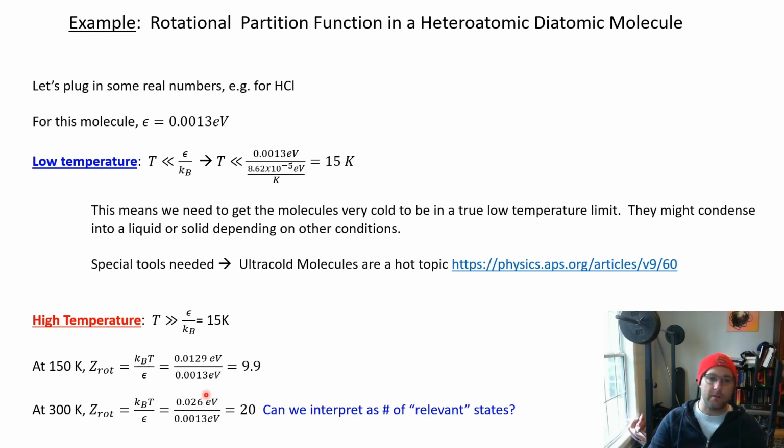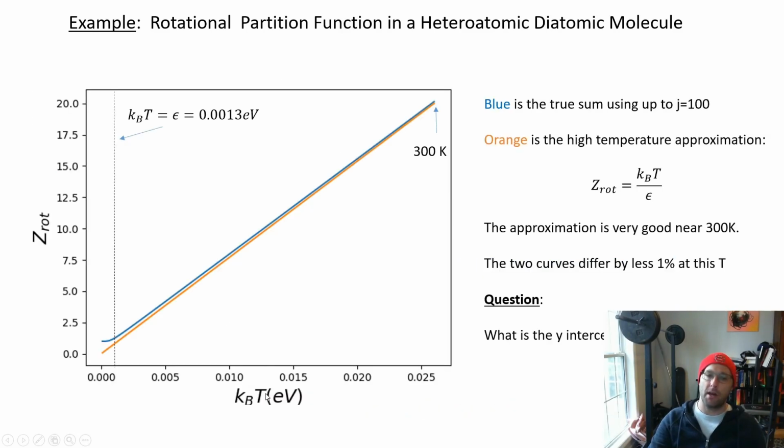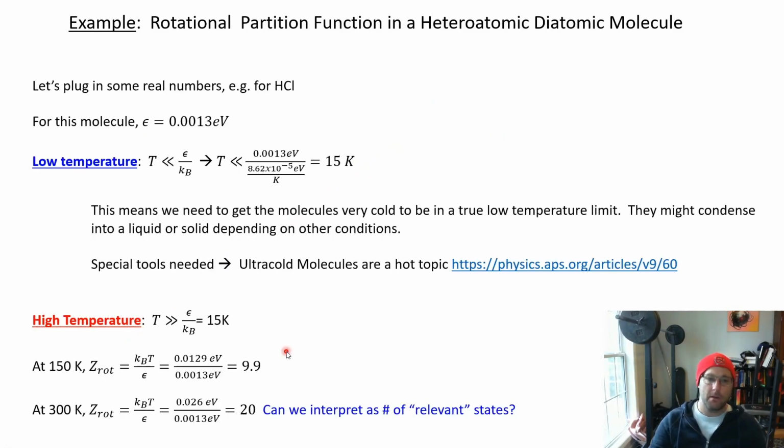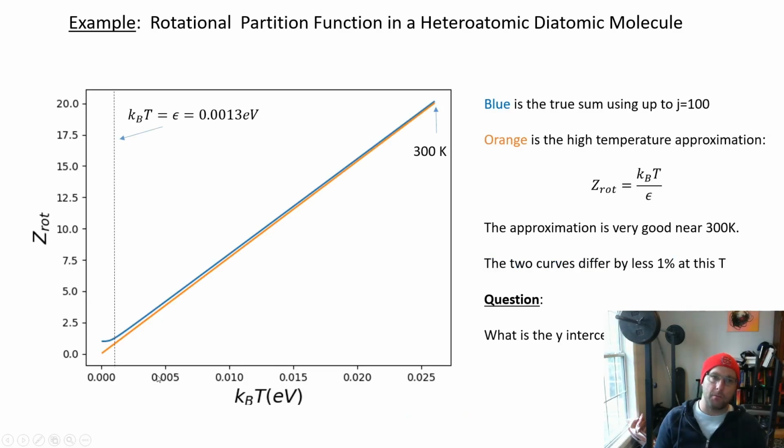And then at 300 Kelvin, we've doubled our number of states that are involved to about 20. You can ask yourself the question, are these enough states to really justify the high temperature approximation? In order to figure that out, I made a little plot of the actual sum using J values from 0 up to 100 and including all the degeneracy.